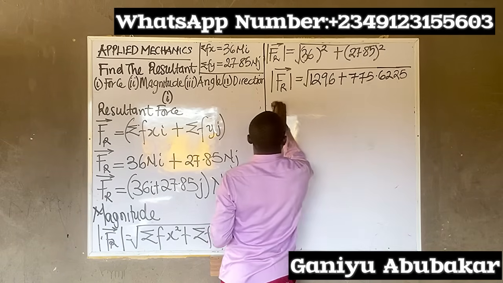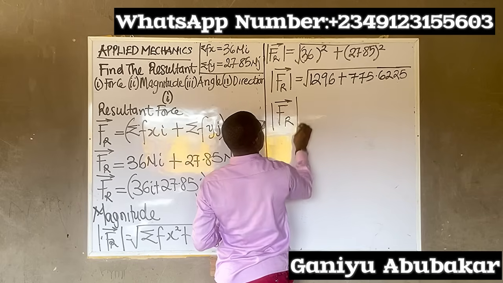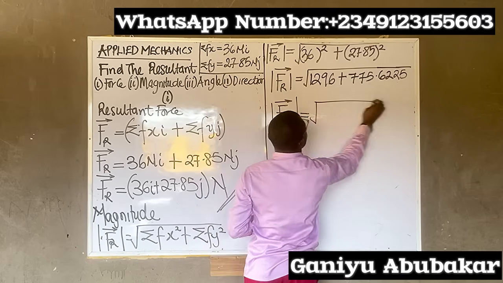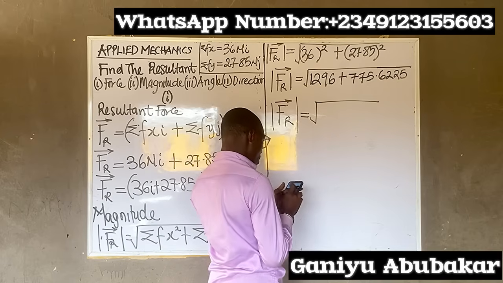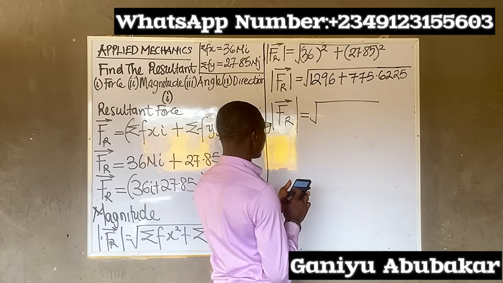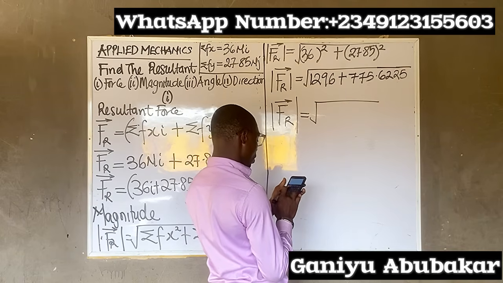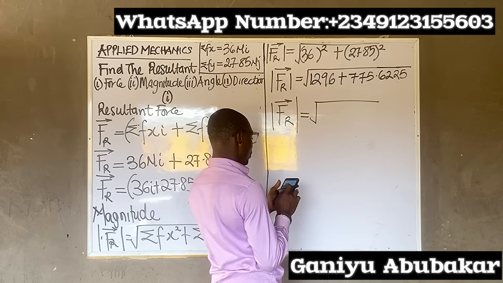Alright, from here the magnitude of the resultant force is equal to the square root of, add this value up, 1296 plus 775.6225.